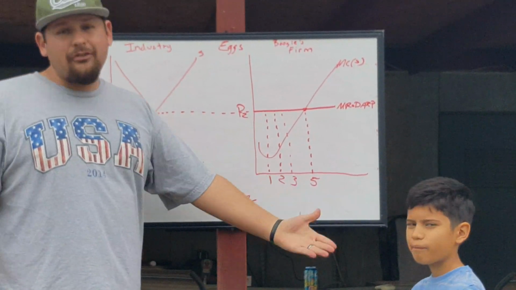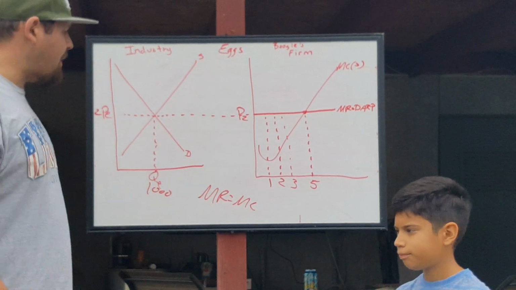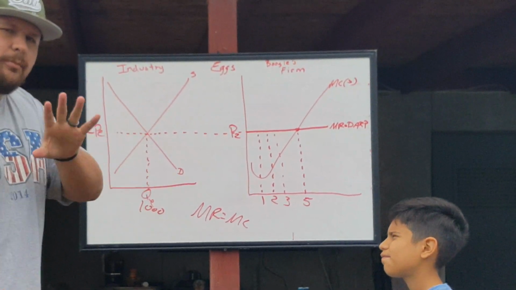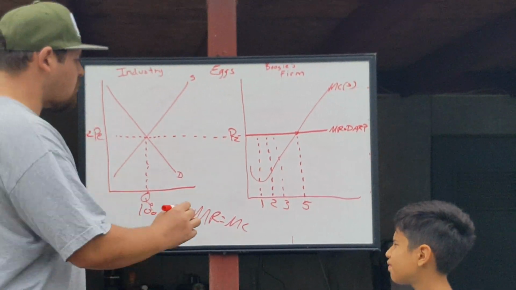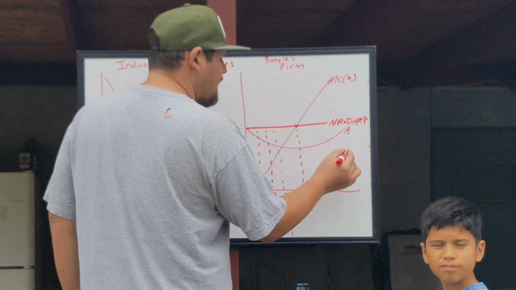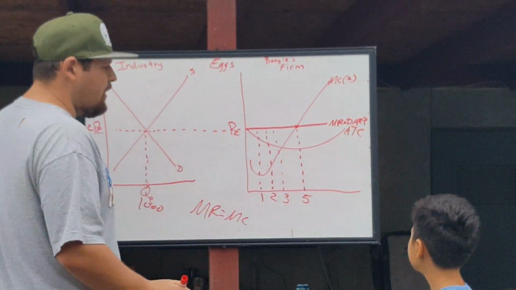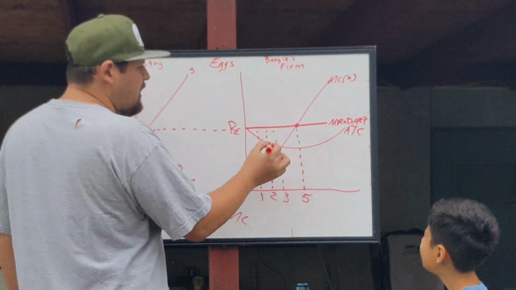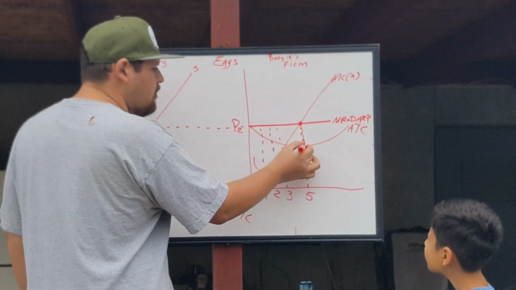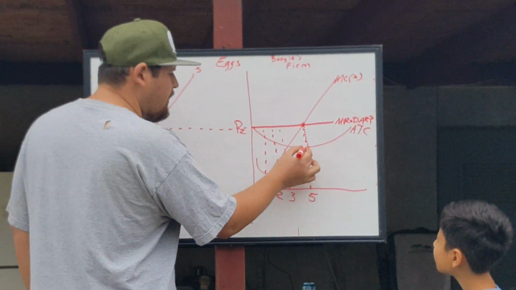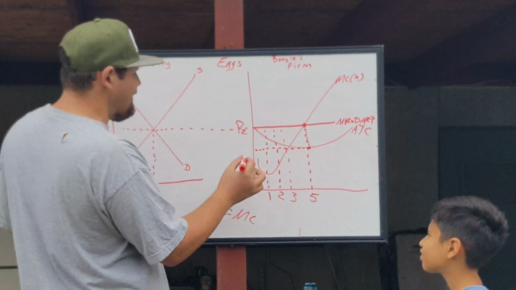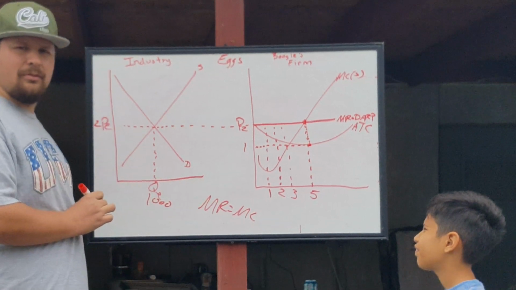Now, he needs to know if he's going to make money. And here's how that happens. We're going to get into cost in a later video, but right now I'm just going to show you his average total cost line, okay? So his average total cost line, that's ATC, right? So if he's producing here at 5, he's going to go straight down to where it's touching the ATC, all the way over, and let's say it's costing him $1 to produce, okay?